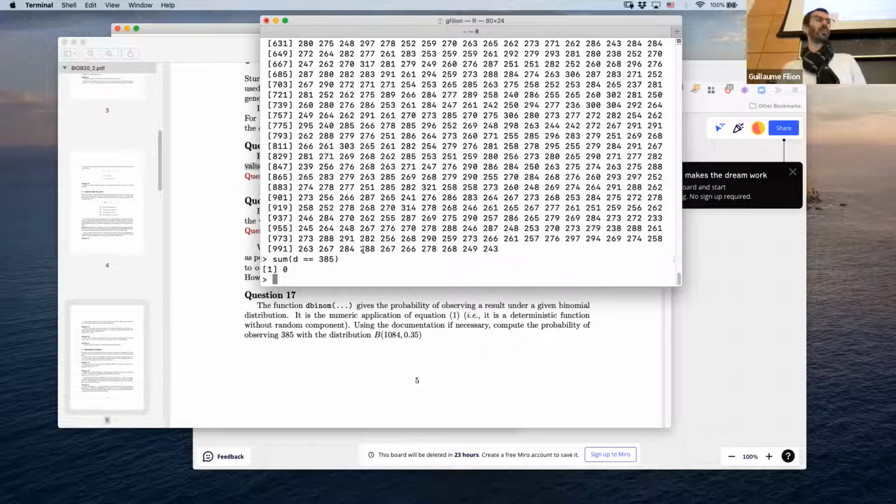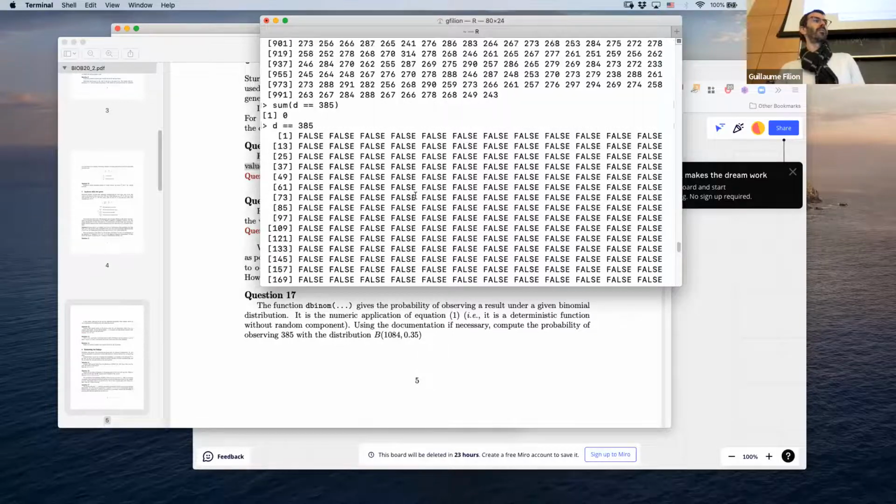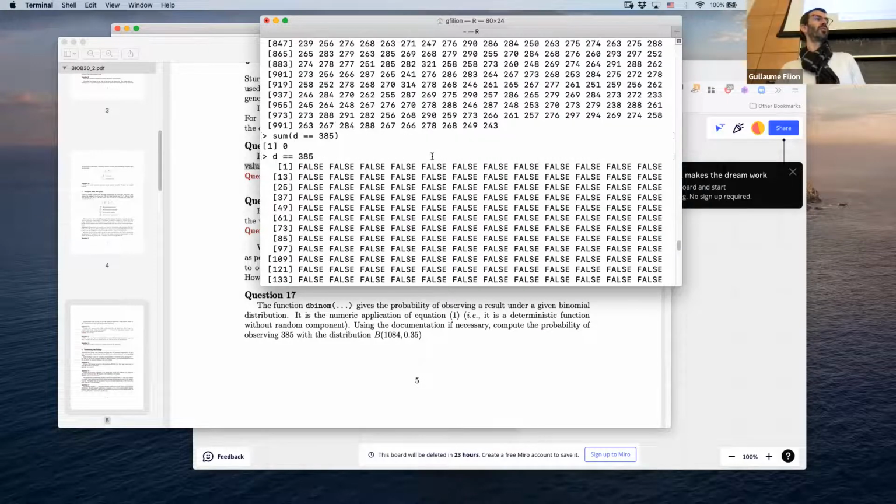Okay, so I'm going to spend a second explaining that trick a little bit, if it's still mysterious for some of you. Let's see what happens internally when I just do D equals 385. I get something like that. Okay, it's just false, false, false, false, false, false.